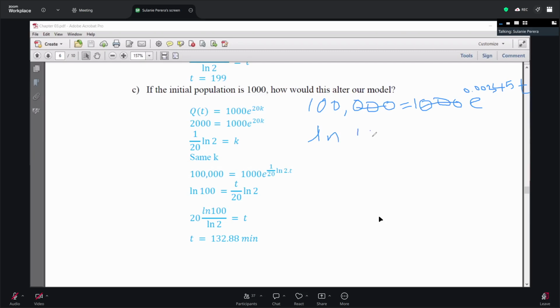ln 100 equals 0.00345 t ln e. So ln e is 1. So t equals ln 100 over 0.00345.